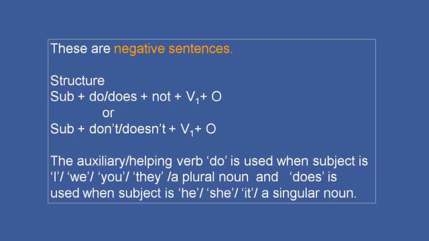In this formation you can see that the word not has been combined with do and does. The auxiliary or helping verb do is used when subject is I, we, you, they, or a plural noun, and does is used when subject is he, she, it, or a singular noun.